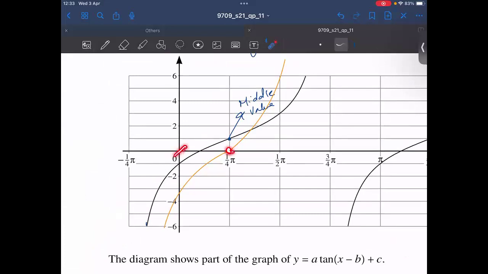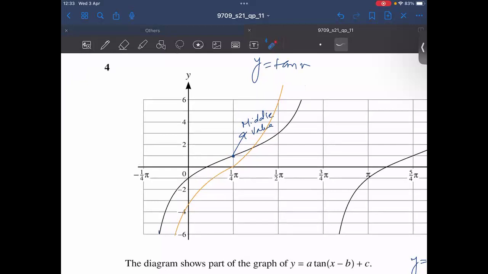So it would have been 0. The value of y at this point would have been 0. All right, because you can see that this is the point where the graph is changing its direction.